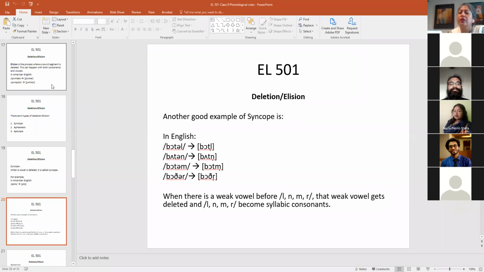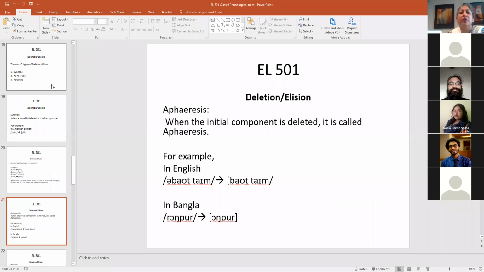So this is how you get syllabic consonants because of syncope, the schwa getting deleted. Do you understand me so far? Yes, ma'am.